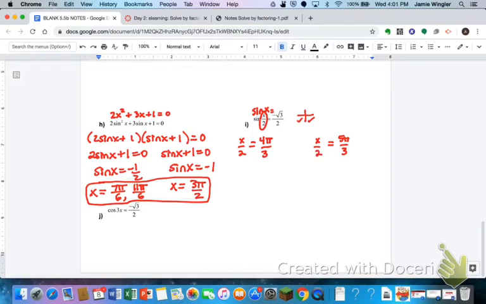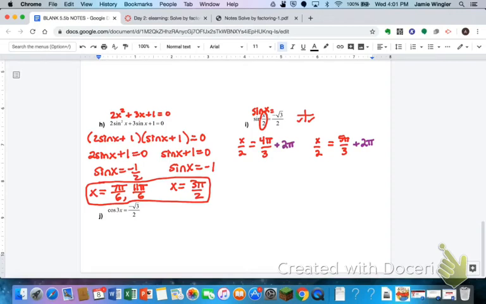Since I have a multiple with my angle, this is the only time when you have directions, find the solutions on the interval 0 to 2 pi, that you have to add either a 2 pi or a 1 pi to get your multiple answers. Notice I'm not putting the n with this. The n is not included because I'm only going to 2 pi.